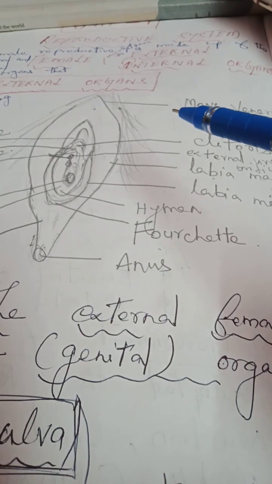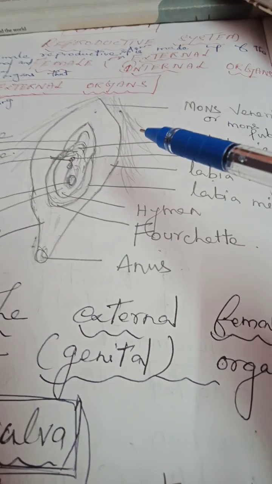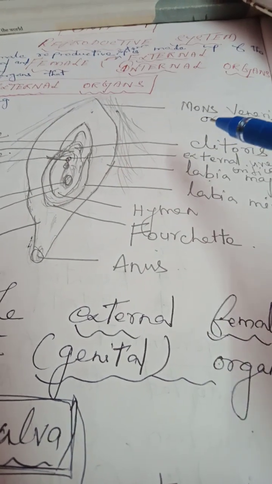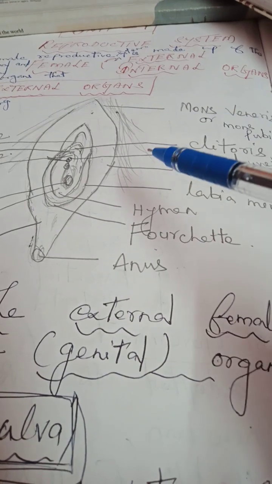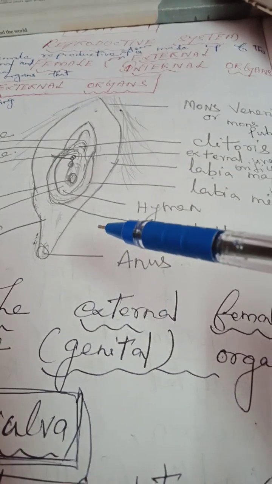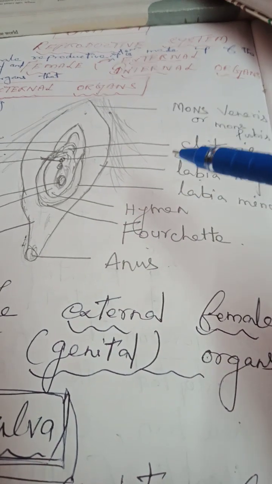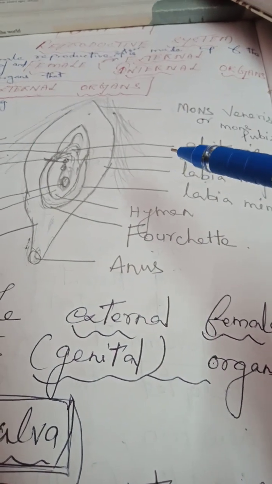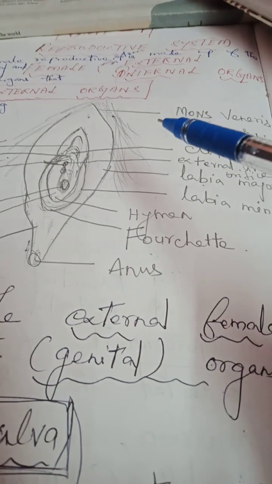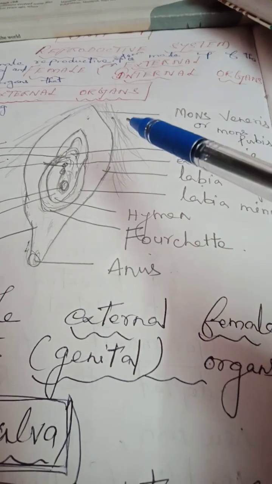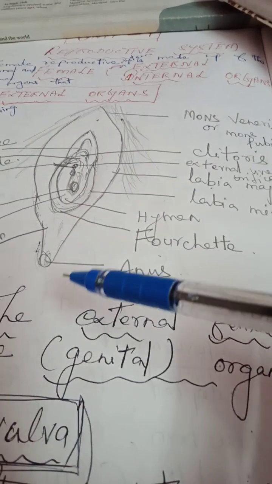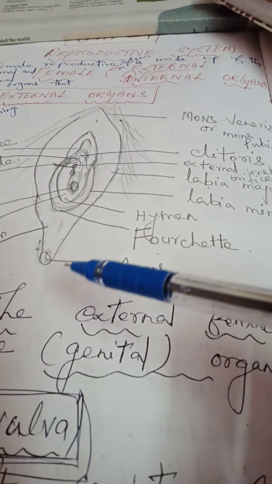They arise in the mons pubis or mons veneris and merge into the perineum behind.